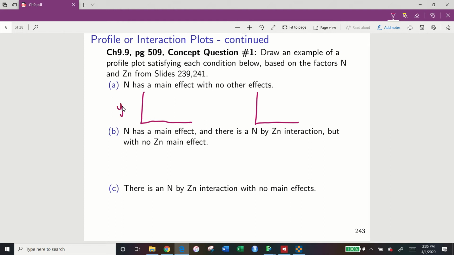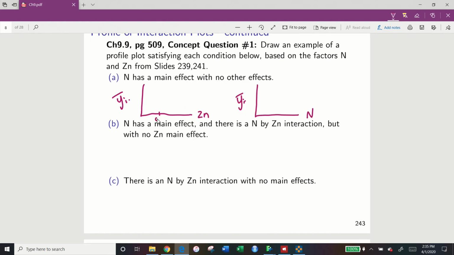Again, the y-axis is going to stay the same, yi dot bar, for our arbitrary row means. We'll have zinc and we will have nitrogen. Zinc has its 2 levels of 0 and 1, and nitrogen has its 2 levels of 10 and 20.